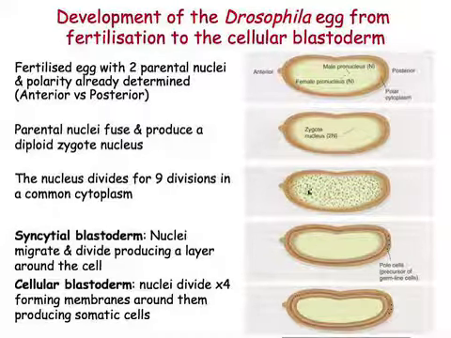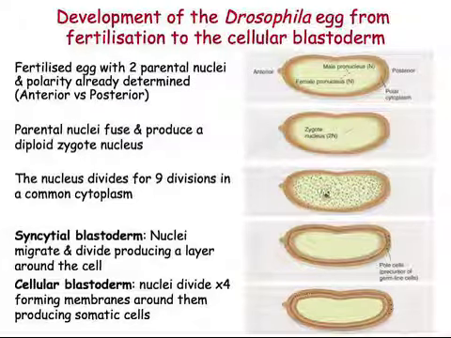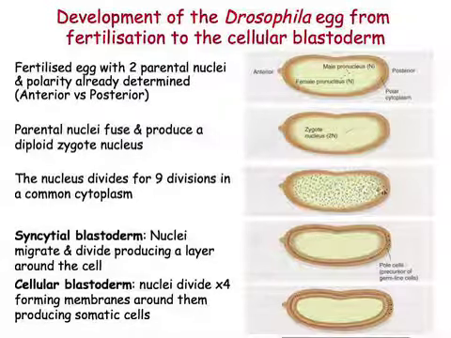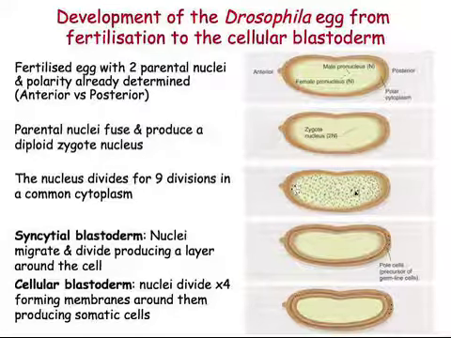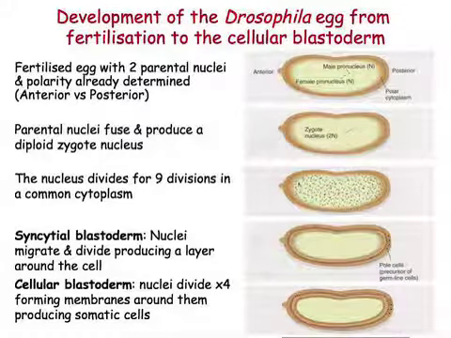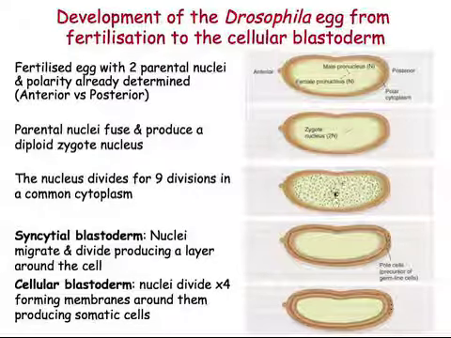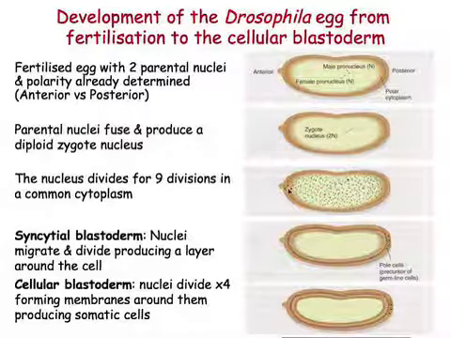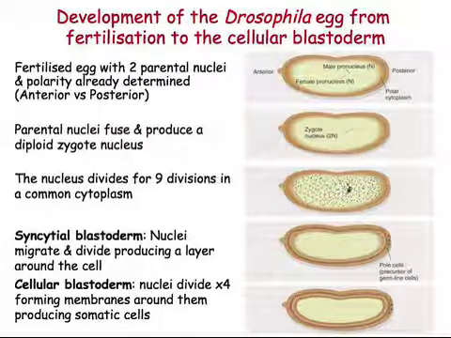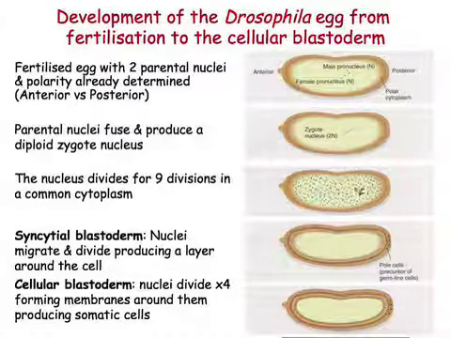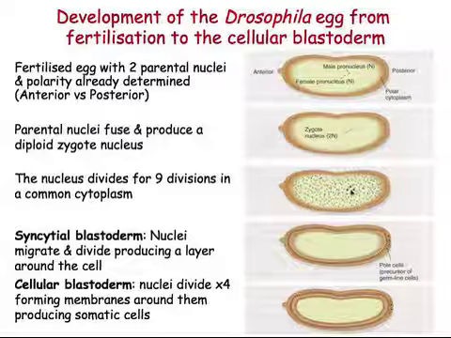So if you can imagine expression from these genomes, you've got a high concentration of a transcription factor here that'll affect expression of these genes, and you've got a different concentration of factors here along this axis that'll affect expression of a different set of genes. It's this gradient of factors across this head-tail axis that leads to the formation of segments.